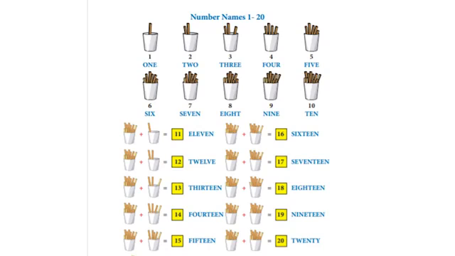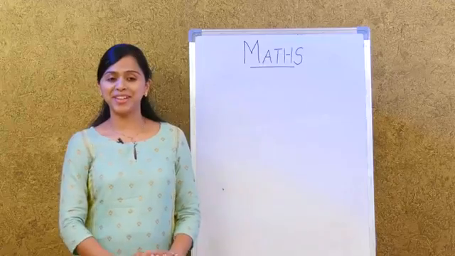S-I-X-T-E-E-N is 16. S-E-V-E-N-T-E-E-N is 17. E-I-G-H-T-E-E-N is 18. N-I-N-E-T-E-E-N is 19 and 20. T-W-E-N-T-Y is 20. Very good.